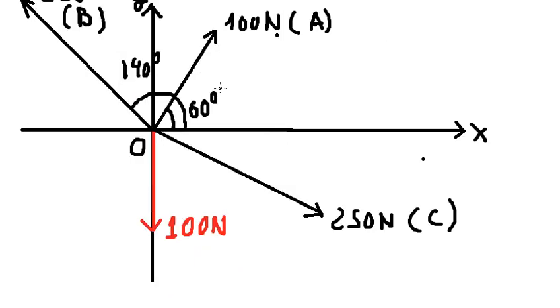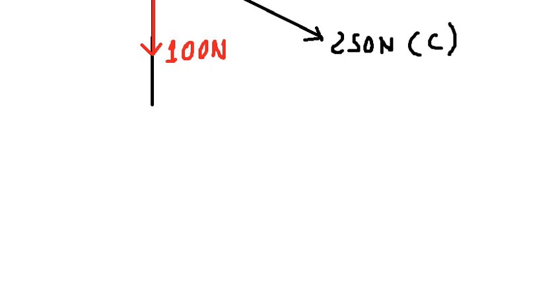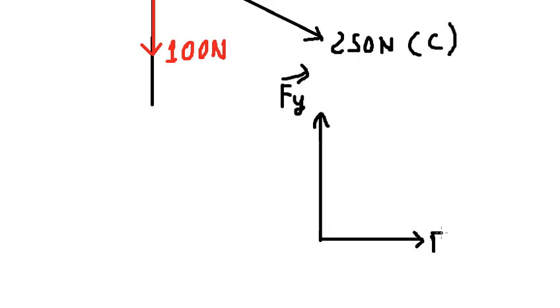Now, for this one, we need to convert the force into F of x and F of y. Why? Let's say I have two vectors in here. This is for F of y, and this is for F of x. So we need to convert one vector in here.